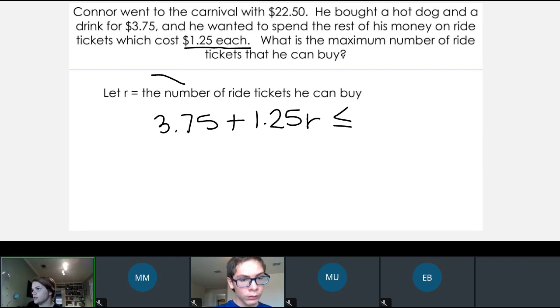So whatever he spends, his hot dog and drink was $3.75, plus his ride tickets has to be less than or equal to $22.50. So now go ahead and solve this for R and send me a message of what your answer is. How many ride tickets can he buy?